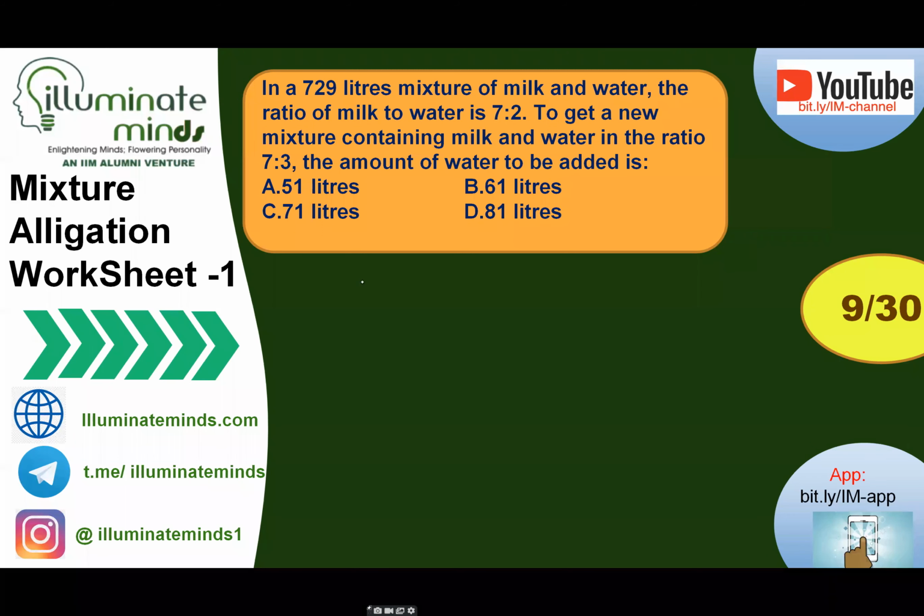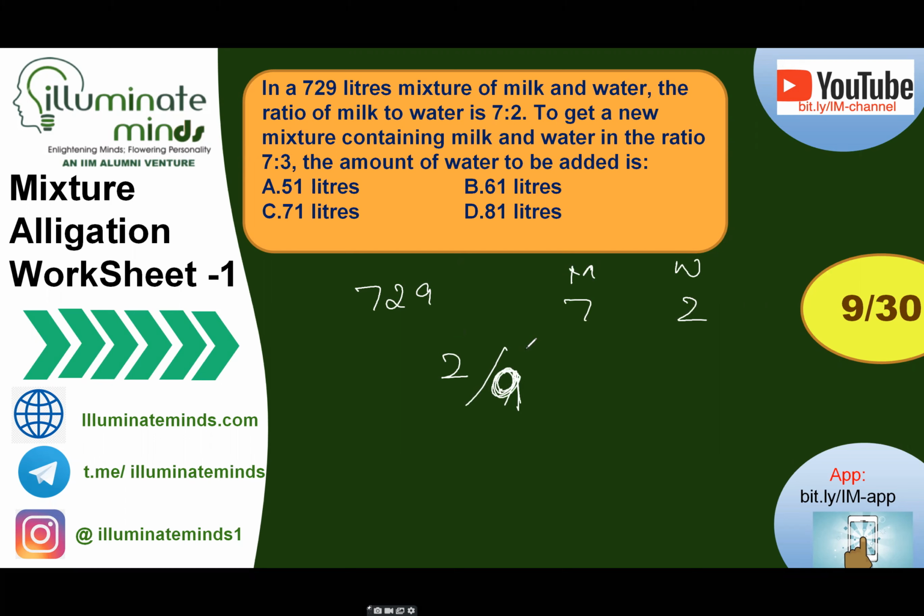So 729 liters was there. Ratio of milk and water was 7 is to 2. So what I can do is this, I can go about doing milk upon total or water upon total. Water upon total is 2 by 9 in the first mixture.